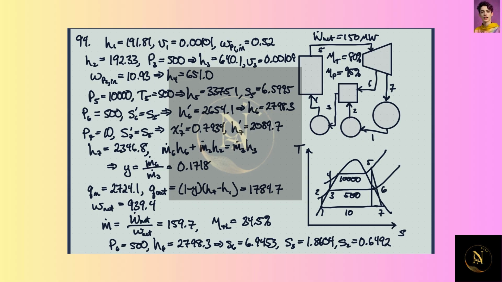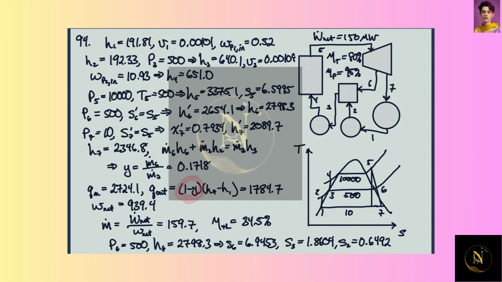Now we have enthalpies everywhere, so we can get the heat transfer in, which is just the heat transfer from the enthalpy difference in the boiler, and the heat transfer out, which is the enthalpy differences in the condenser. But we don't have the full flow flowing through the condenser, so we need to get this on a kilogram basis of kilograms of flow going through the turbine.